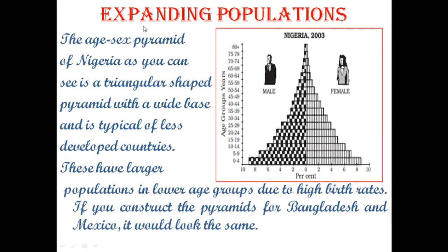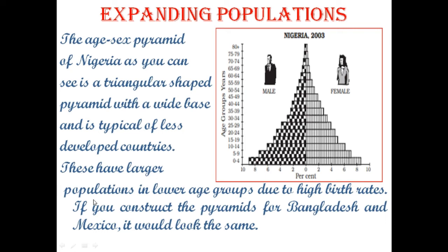So here, this is the first type of population pyramid, known as expanding population. The age-sex pyramid of Nigeria. This is given in the NCERT book. As you can see, it is a triangular shaped pyramid with a wide base and is typical of less developed countries.